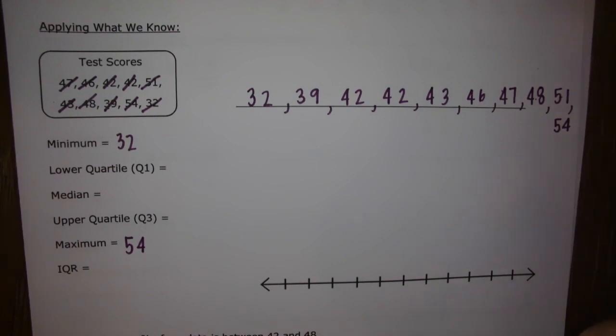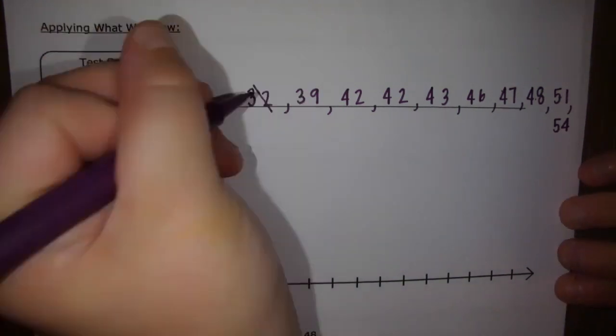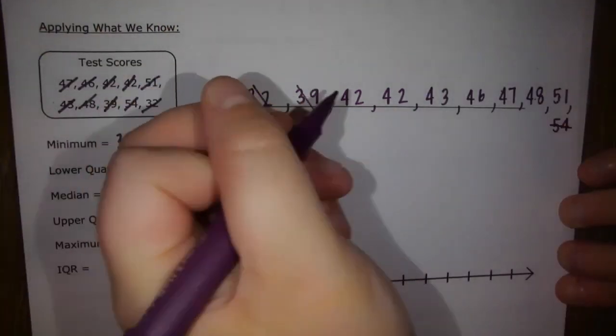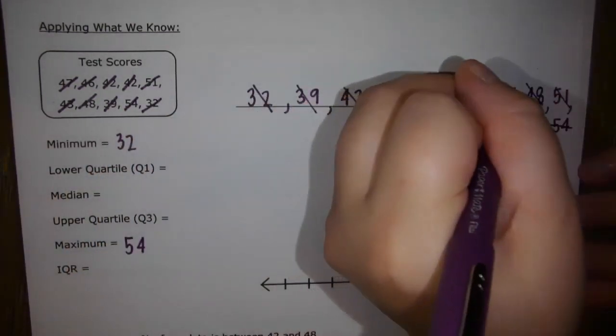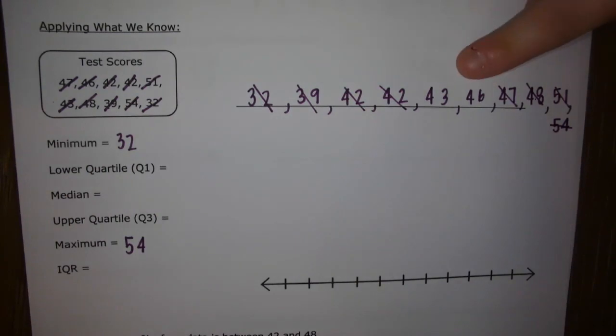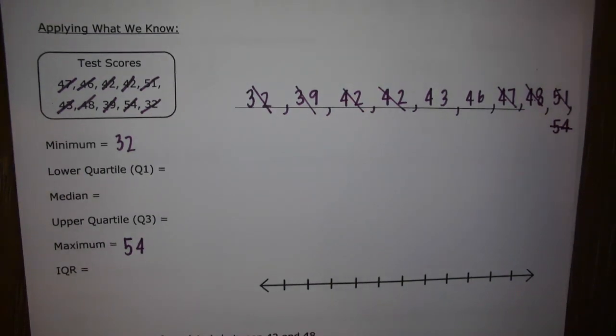So now I'm going to head into finding my median, which is my middle number. I'm going to cross off values, starting with the lowest, highest, lowest, highest, until I get to the center. Boom. I'm at the center. However, I have 2 numbers left. And so what I need to do is find out what's in the true middle between those numbers.